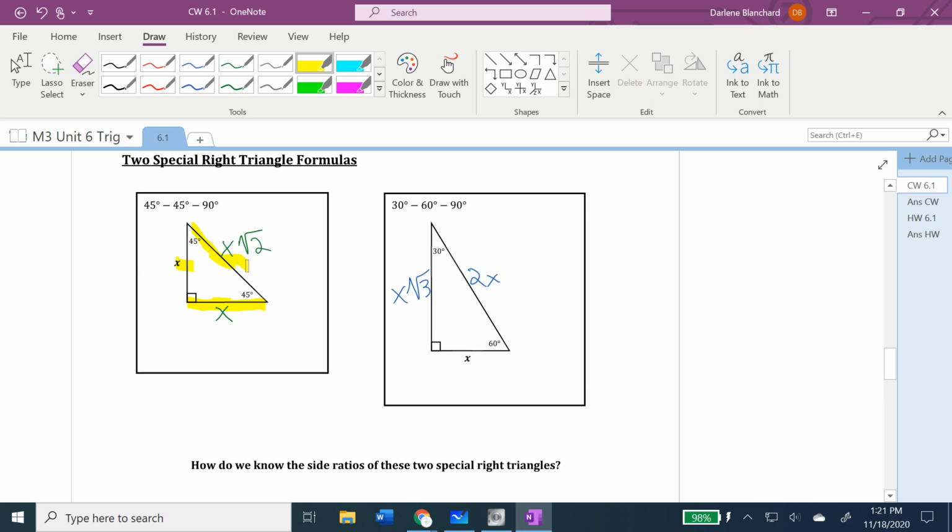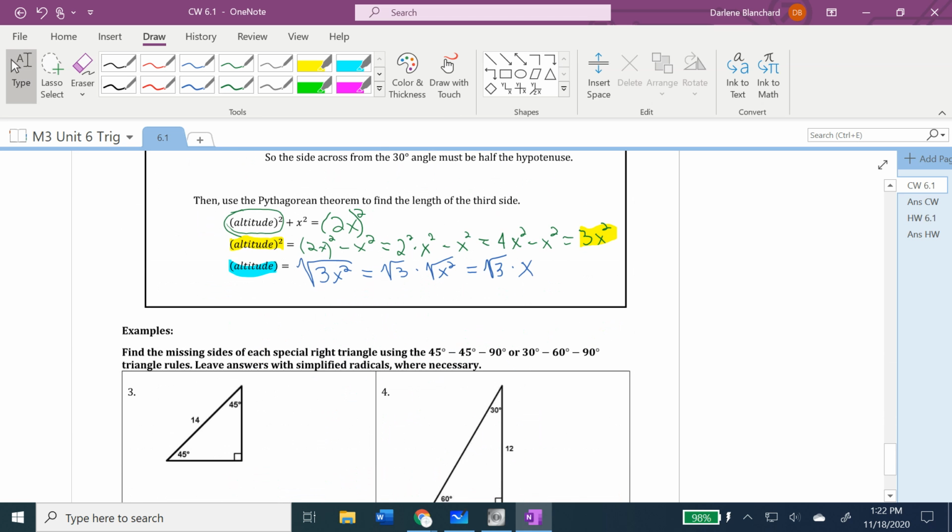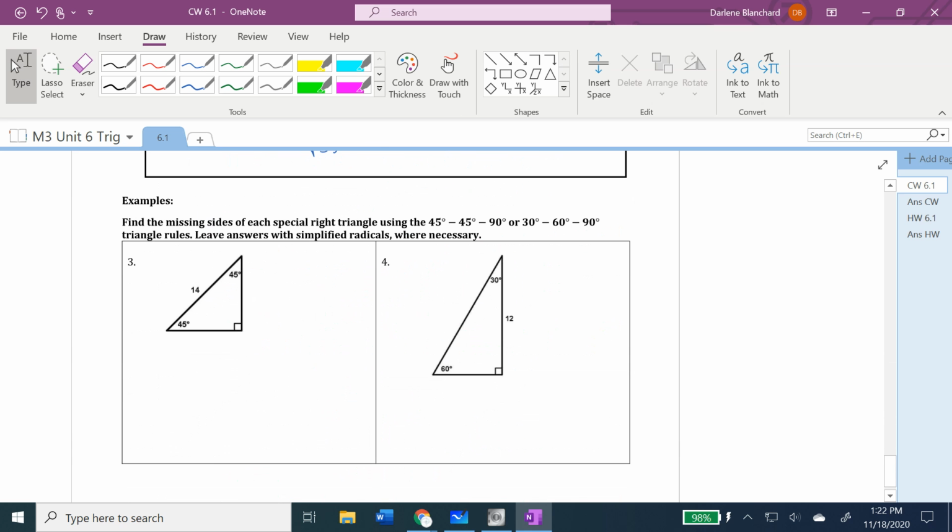If you know the hypotenuse, write that hypotenuse number equals x root 2. If you're on a 30, 60, 90, and you have the length of the side across 60, take that number that is across from 60 degrees and write equals x times the square root of 3. And then you can isolate x and find the other sides that way. So again, I found that for some people, this helps them a lot.